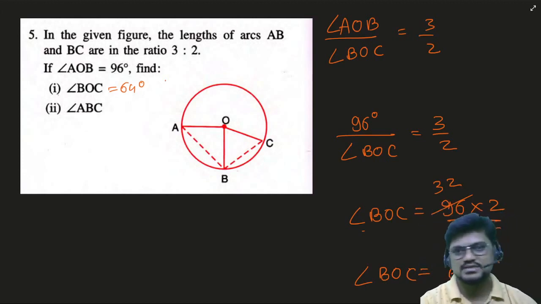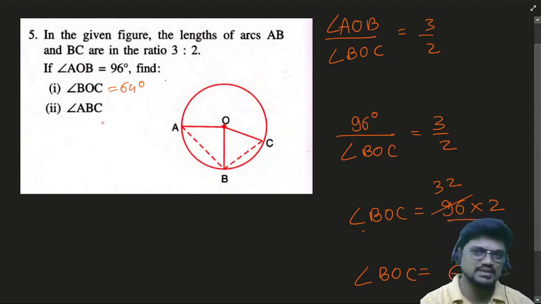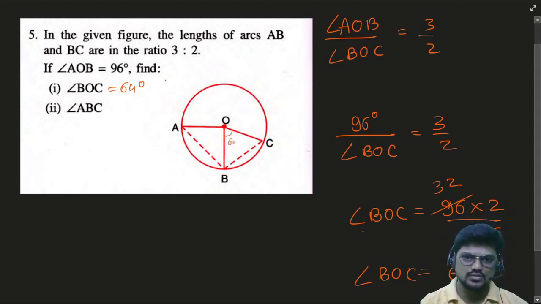Okay. The next is this angle ABC. How we can find it: we know that angle BOC is 64. The lengths of the arcs AB and BC are in the ratio 3:2, and they have given angle AOB as 96. So angle ABO will be how much?